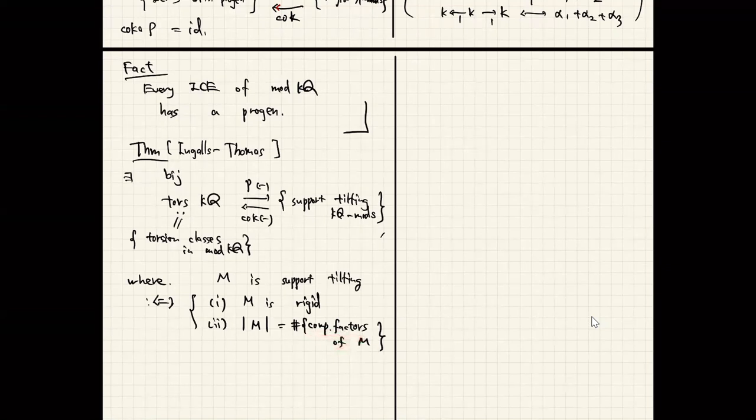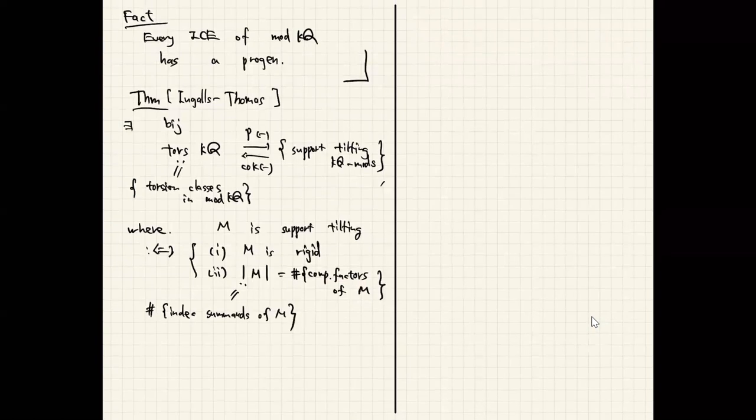And the left-hand side is the number of indecomposable direct summands of M. So in general, we have this equality. So the support tilting condition is that first we impose that M is rigid, and then the second condition says that the number of indecomposable summands is large enough.